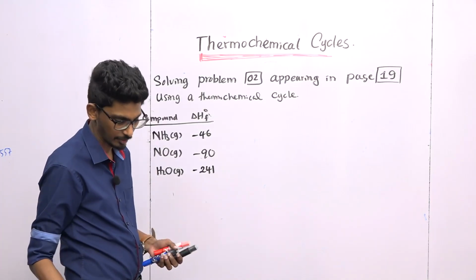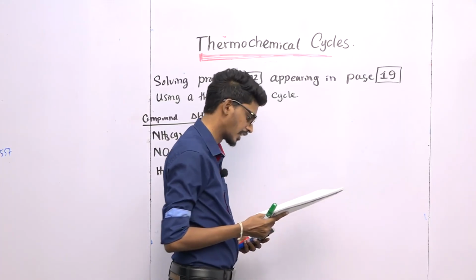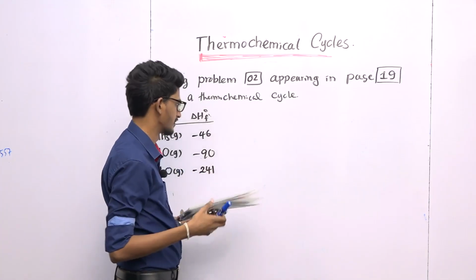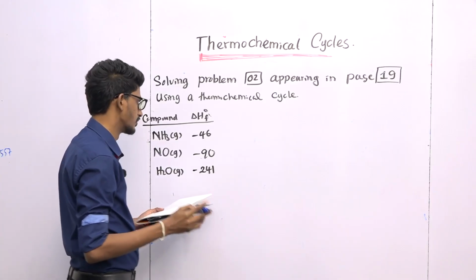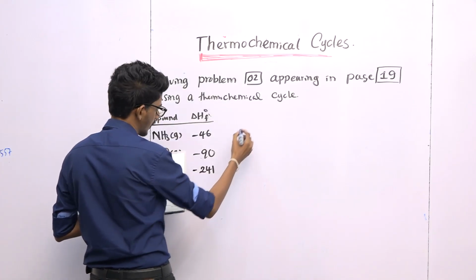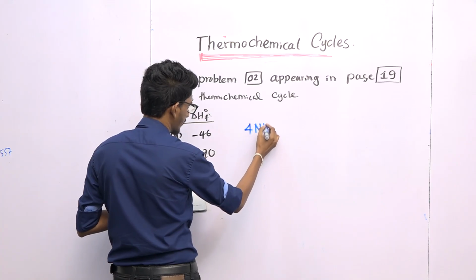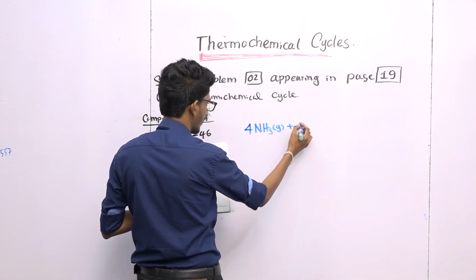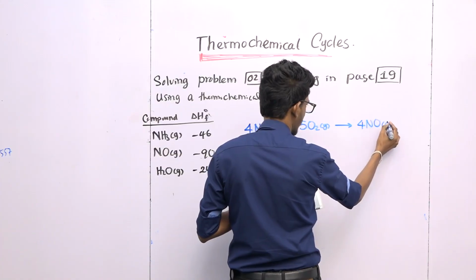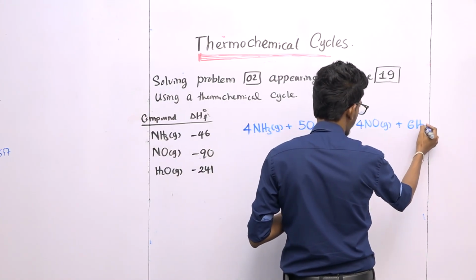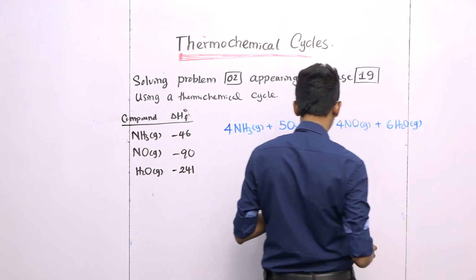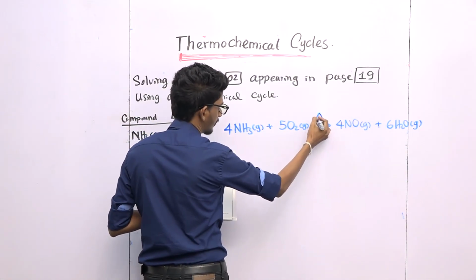They are asking us to find out the delta H of reaction for the reaction of 4 NH3 gas plus 5 O2 giving 4 NO gas plus 6 H2O gas. Our task is to come up with the delta H value of this reaction.